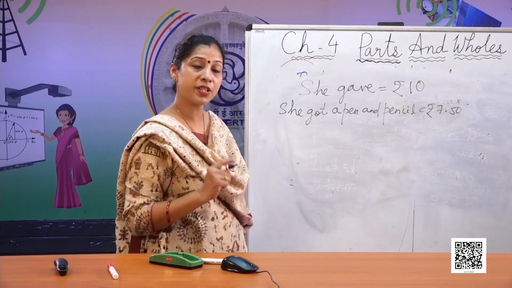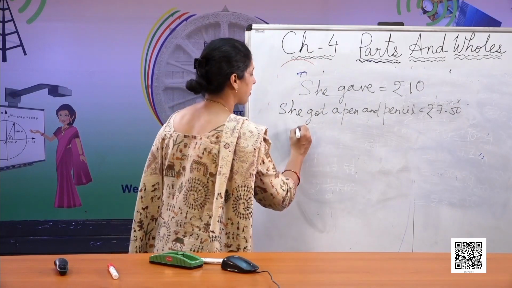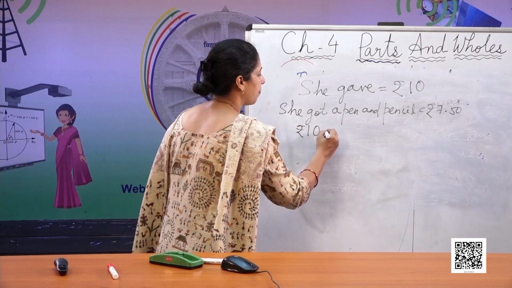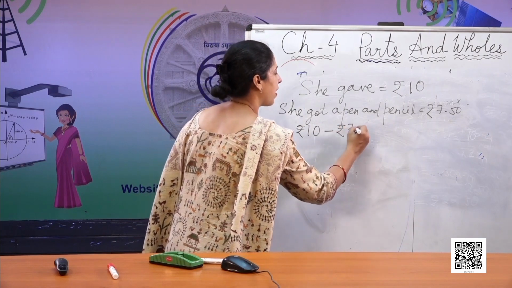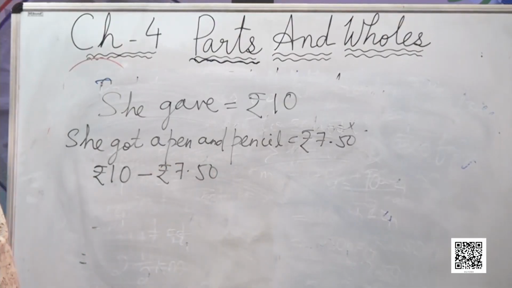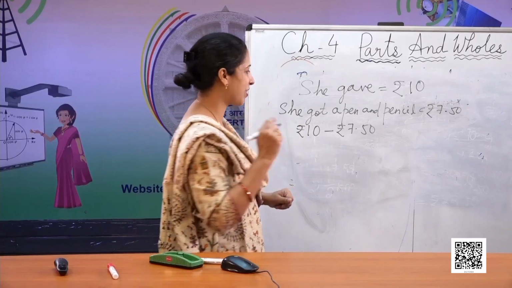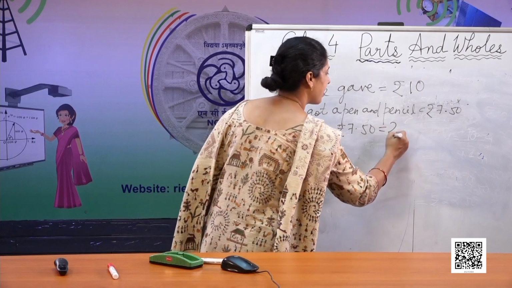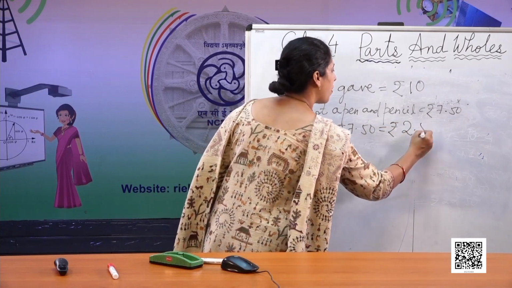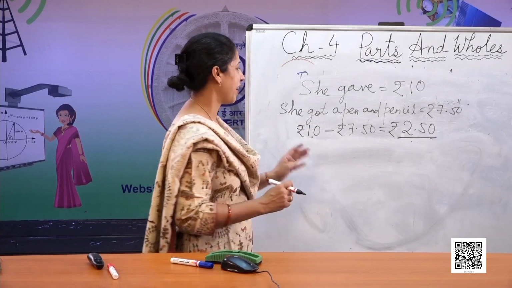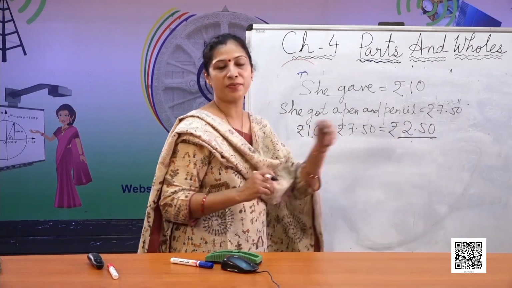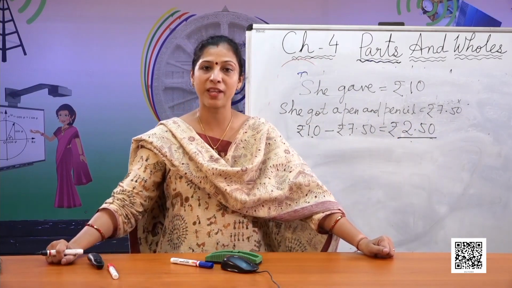So how much money did she get back? Let's see. Rupees 10 minus rupees 7.50. All of you can do this. So what is the answer? Yes, children, the answer is rupees 2.50.